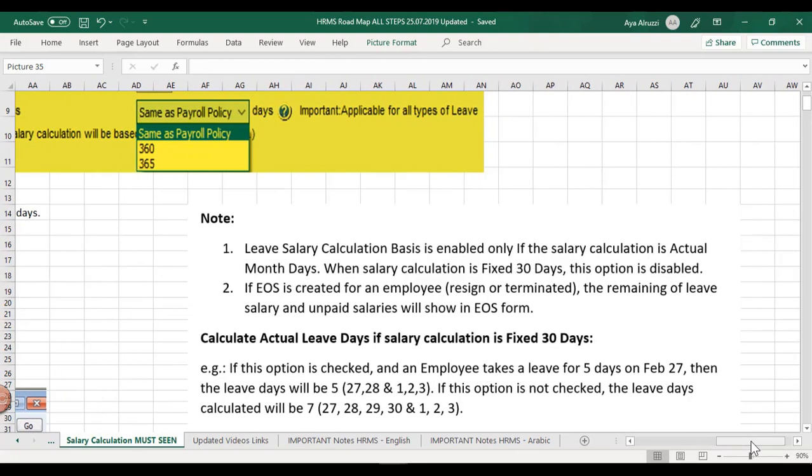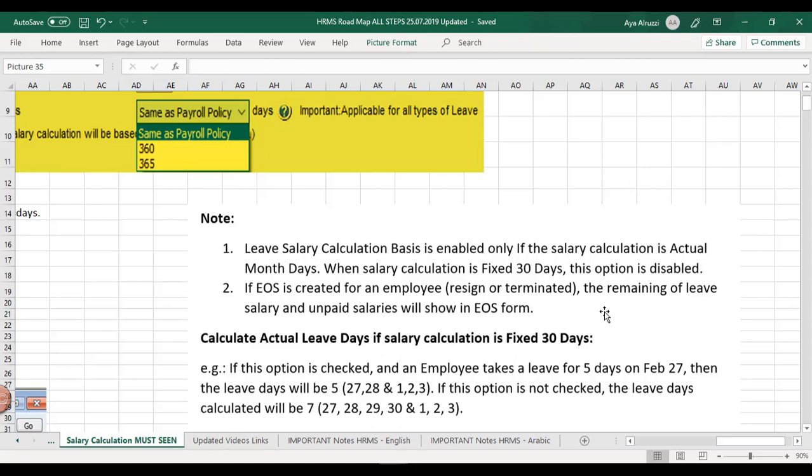It says here that the leave salary calculation is enabled only if the salary calculation is actual month days. So when the salary calculation is fixed 30 days, this option will actually be disabled. And if the end of service is created for an employee, whether we're talking about resigning or termination, the remaining leave salary and any unpaid salary will show in the end of service form.